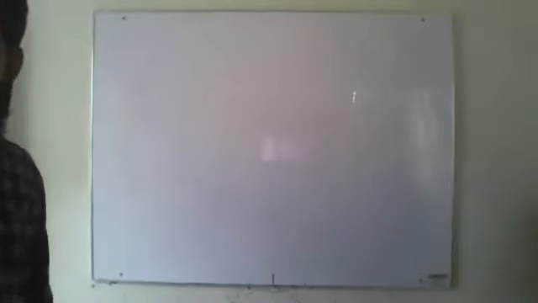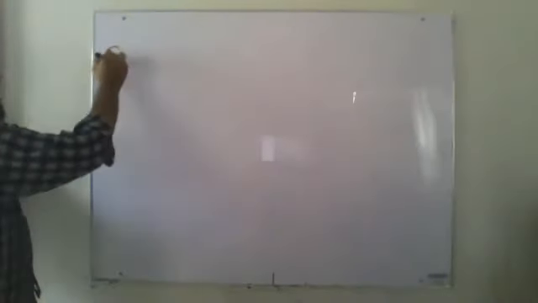Question 16 of exercise 3.4, and in this question they are telling us to solve to get the value of x to 3 significant figures. I have to give the answer in 3 significant figures. Now, how am I going to write it?